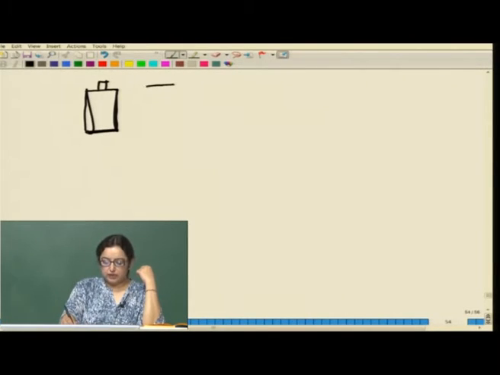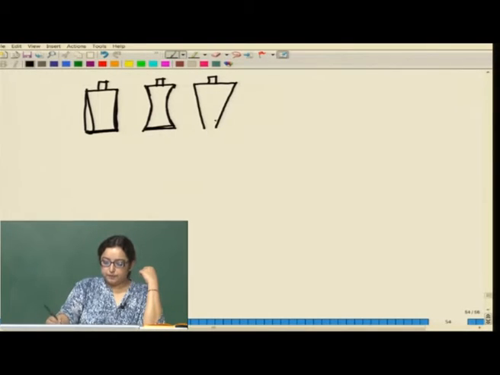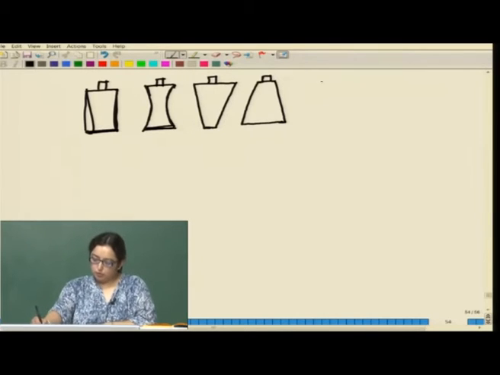Another form with slight variation. Another form, trapezoidal. There can be another bottle like formation.